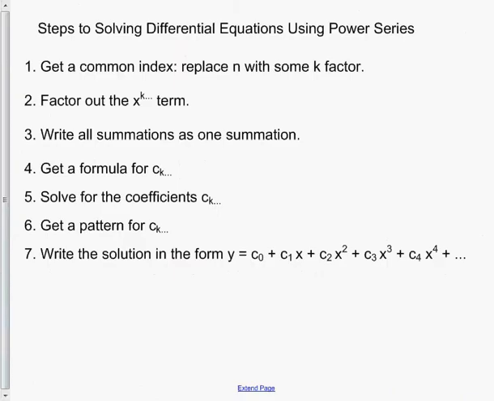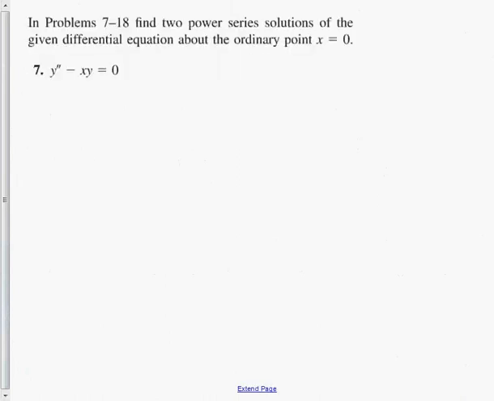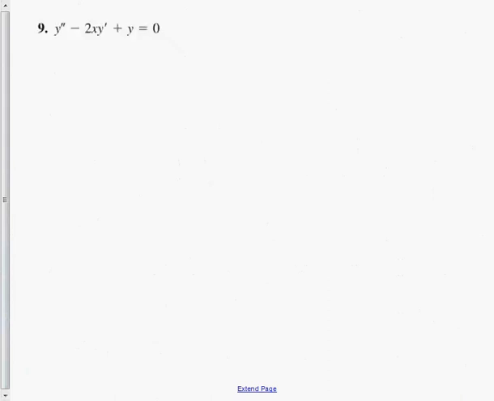The pattern scheme of the solutions in terms of how we do the steps is the same from 6.1. So let's take, I have numbers 7, 9, and 11. Let's do number 9. It's right in the middle.